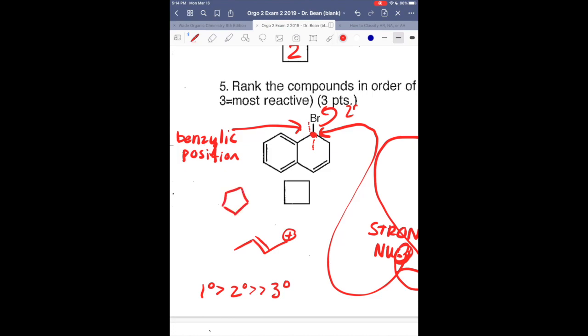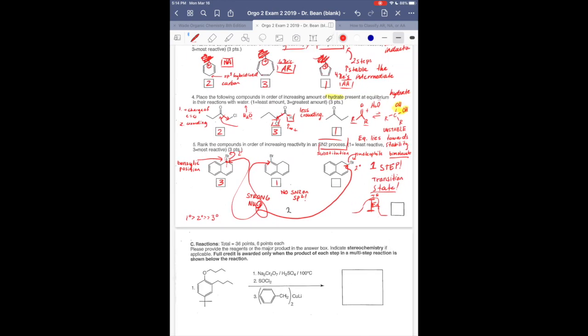If you're comparing that to the benzylic position, where you have this, okay, the benzylic position with a partial positive or a positive charge is more stable, okay? So your transition state is lowered in energy. Therefore, this one is going to be the most reactive, and then would come this one following it, okay?